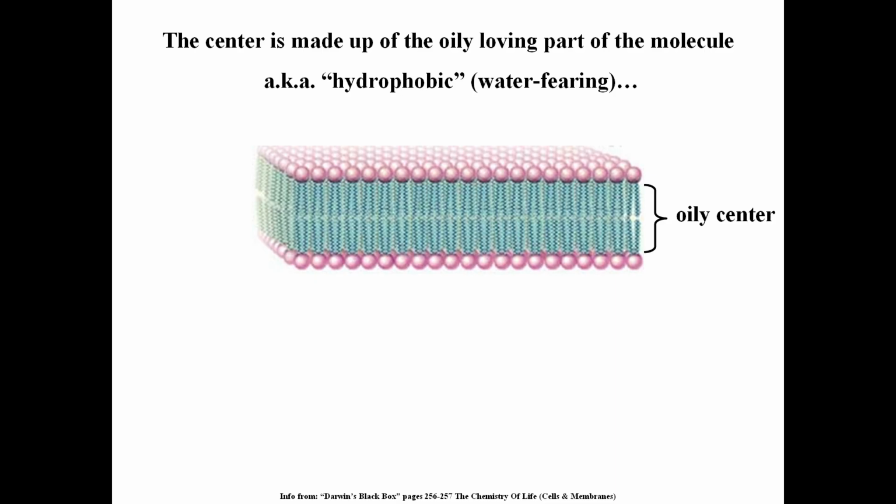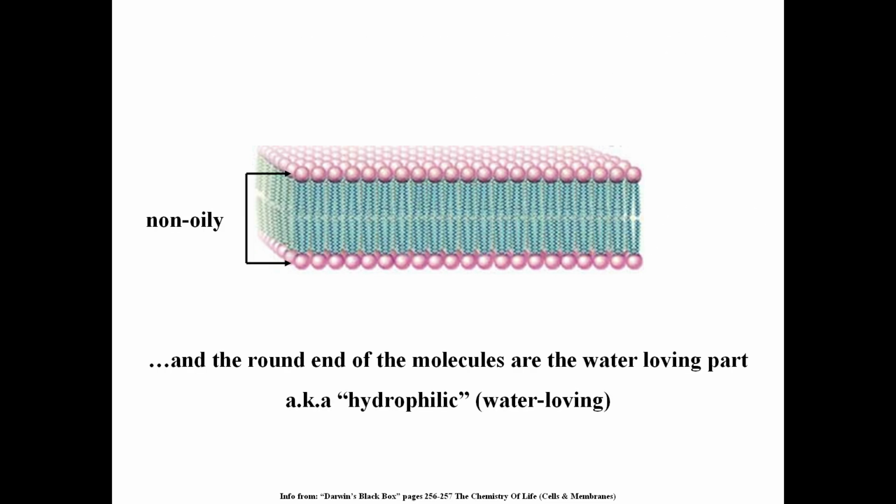The center is made up of the oil-loving part of the molecule, also known as hydrophobic, which is water-fearing. That would be the oily part of it. Now, the outside is the non-oily part, and around the end of the molecules are the water-loving parts, aka hydrophilic, water-loving.